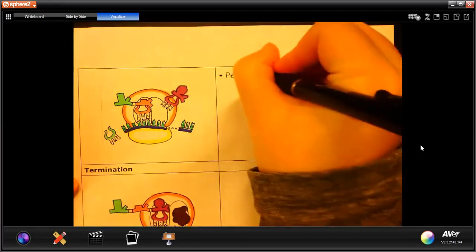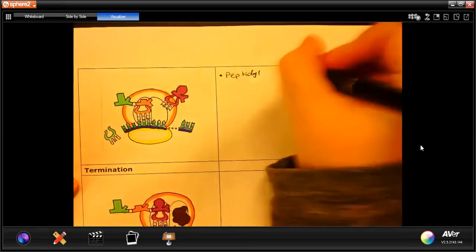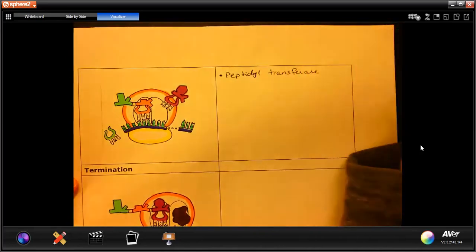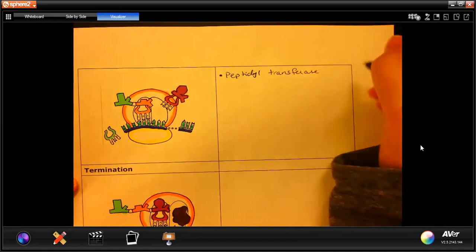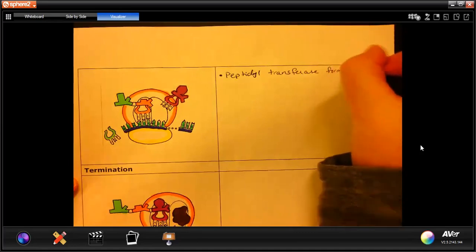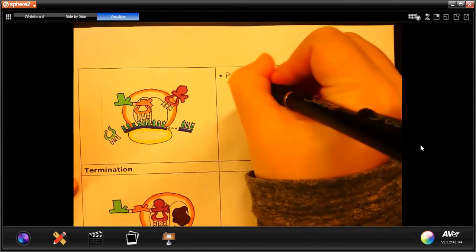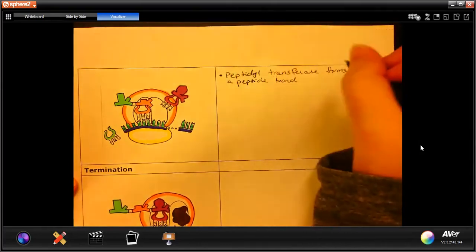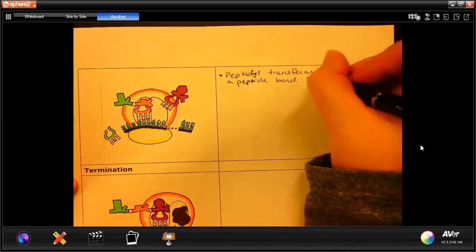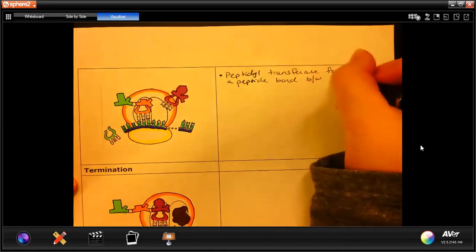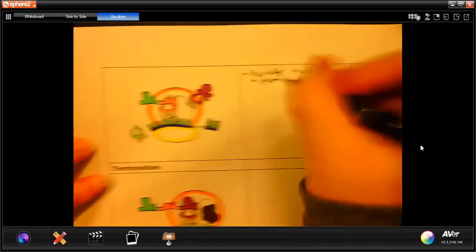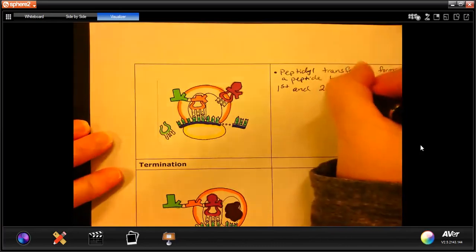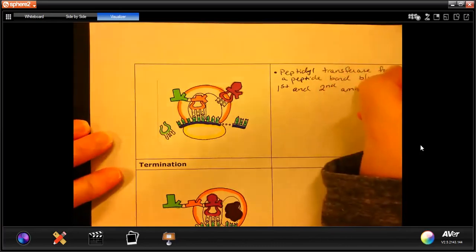Peptidyltransferase, an enzyme, because ase means enzyme, forms a peptide bond between, and I'm going to abbreviate that b/w, the first and second amino acids.